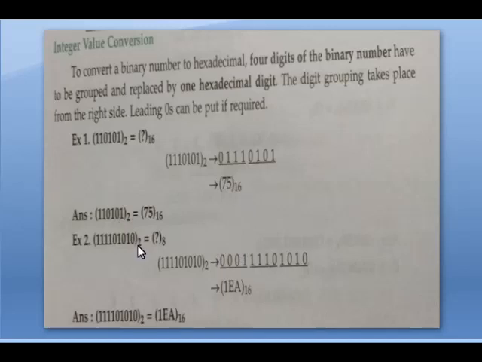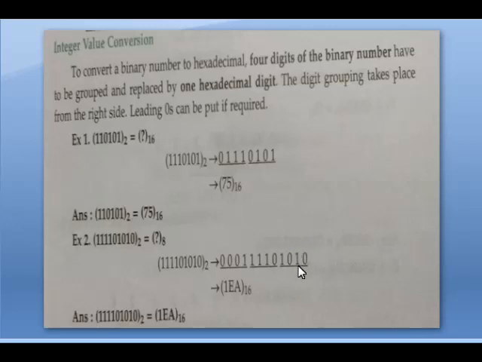Example number 2, it is grouping like this. We are going to write the hexadecimal number. If the sum is coming to 10 or above, you have to use the alphabet. For example, see this number 0101, that is 1 2 4 8. So in the 1's place 1 and the 4's place also it is 1.